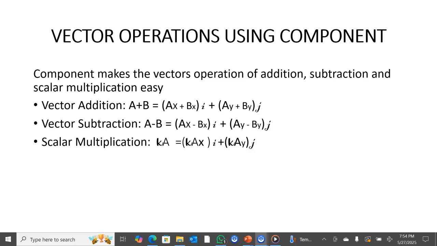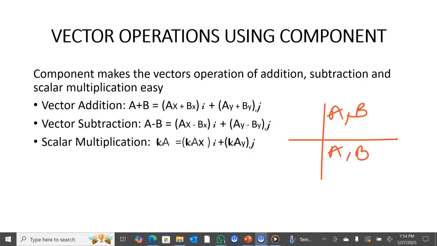This is the addition. You have Ax plus Bx, i, then Ay plus By, j. So what that is saying is, on the x-axis, the A and the B, then the A and the B on the y-axis. This is the A and the B on each of those axes.